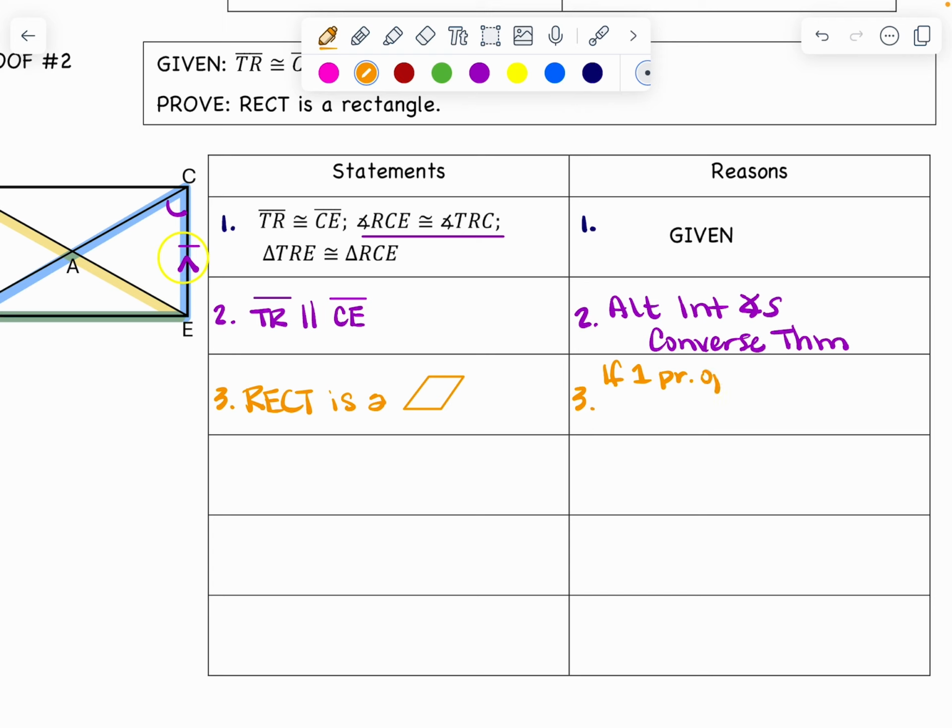Right, and I know this because if one pair of opposite sides is congruent and parallel, then it's a parallelogram, right? Our little theorem from yesterday.